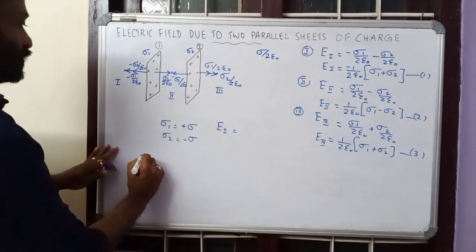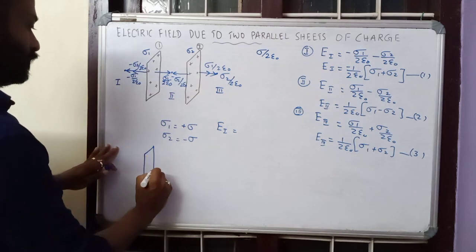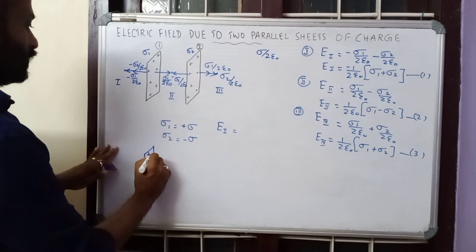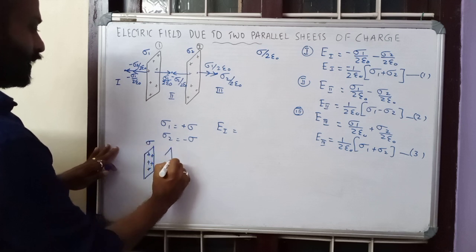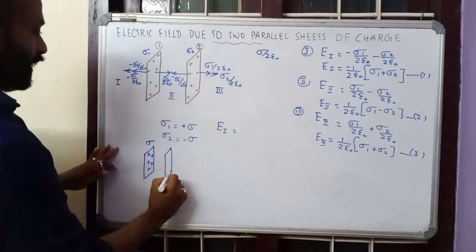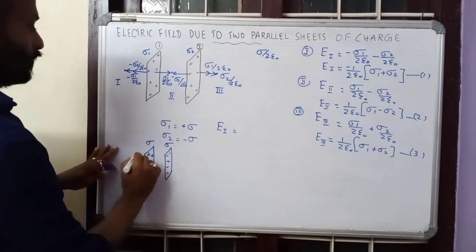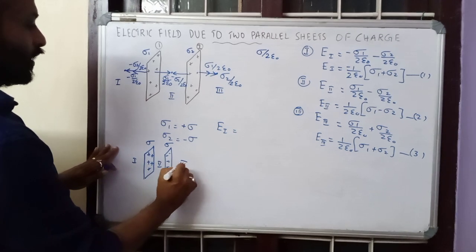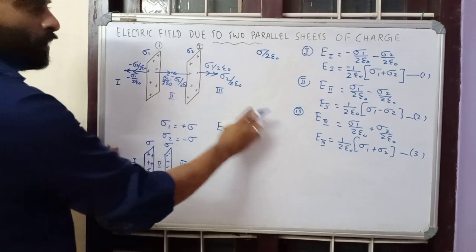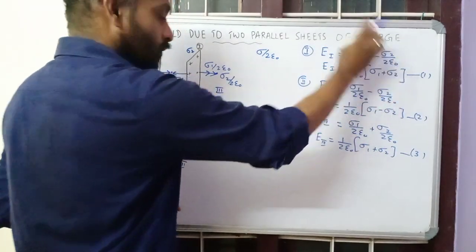The first sheet has positive charges with charge density sigma, and the second sheet has negative charges with charge density sigma. In regions 1, 2 and 3, we can use the same results, but we need to replace sigma 1 and sigma 2.